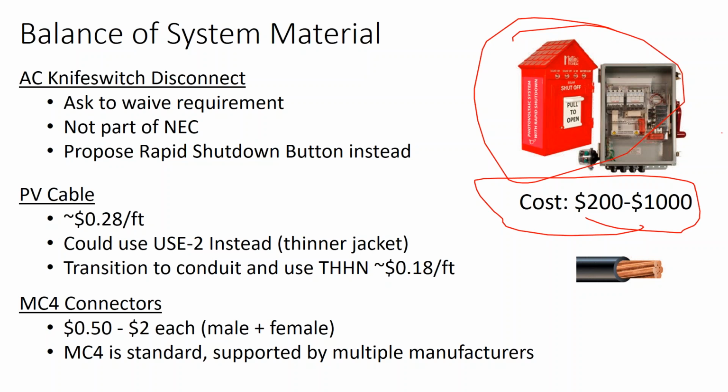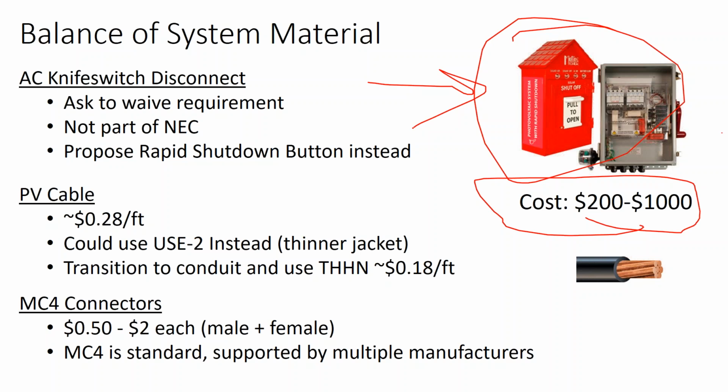The utilities have pushed back on that, saying, no, we want these disconnects to be located outside of the building. And so they can go and turn off the solar array outside the building, but that doesn't impact your ability to use electricity from the grid. It's just a shut-off switch for the solar array. If you put a disconnect switch for your solar array plus the battery bank plus your power outside the building, that's a little bit more complicated.